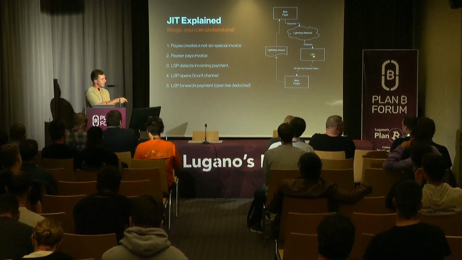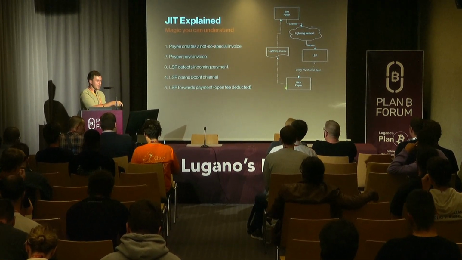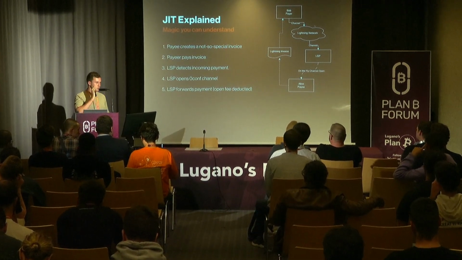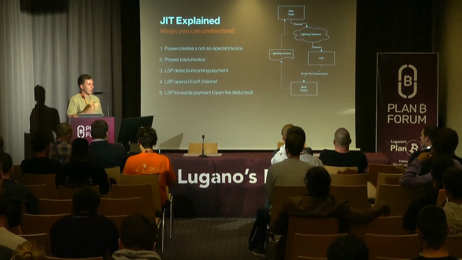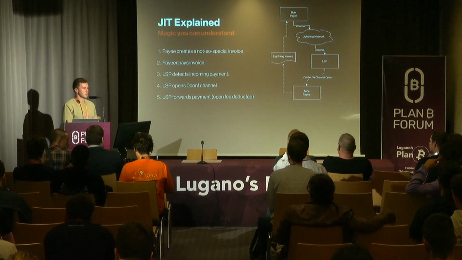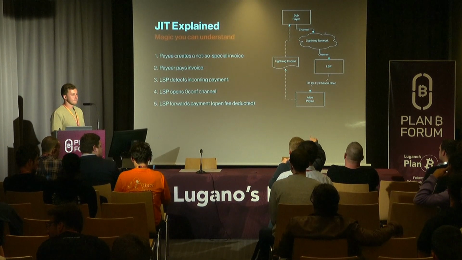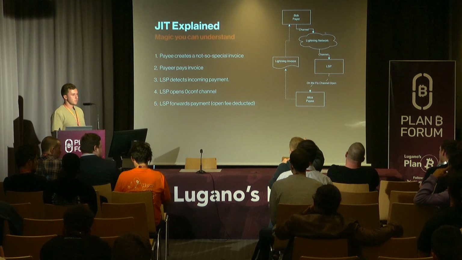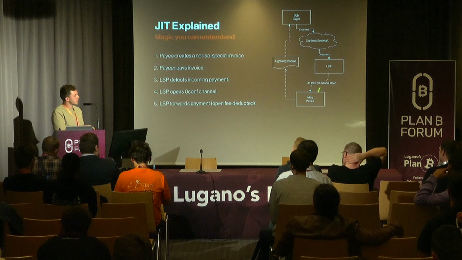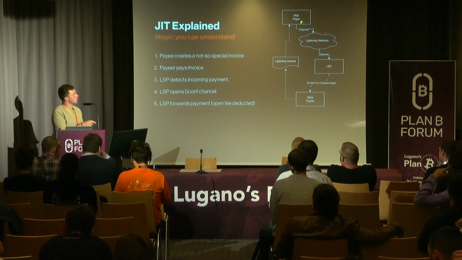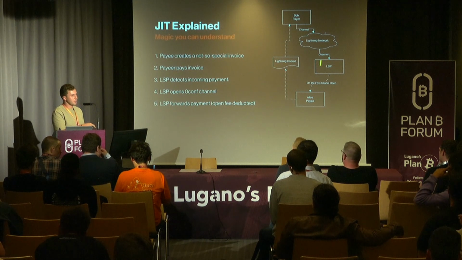Alice and the LSP negotiate a fee for the next hour or two, like how much the channel open will cost. So there's a first communication with the LSP to create the invoice, and in this moment I know the amount. Yes. So there are two versions out there. One version is you do it before, and the other version is actually when you receive the first payment.